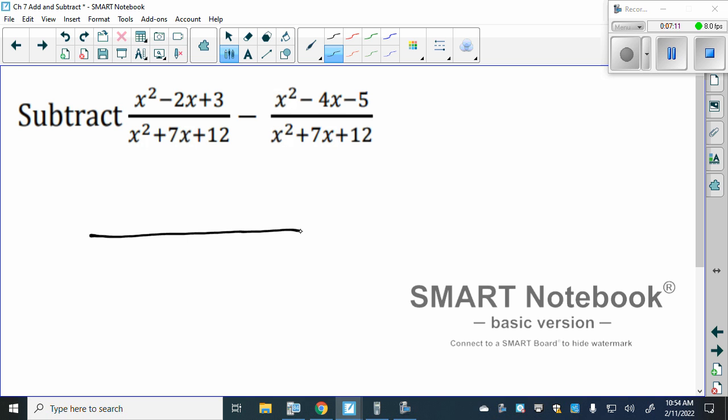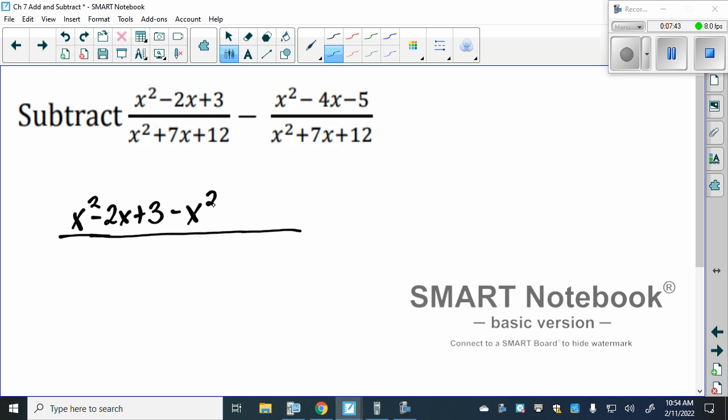Because at this point, since the denominators are already the same, we don't have to do much to actually do the subtraction. Now the first numerator, our x squared minus 2x plus 3, there's nothing going to happen with the signs because we're not actually subtracting it. But our second one, the x squared minus 4x plus 5, is being subtracted from the first, yes? So that means we'll have a negative x squared.